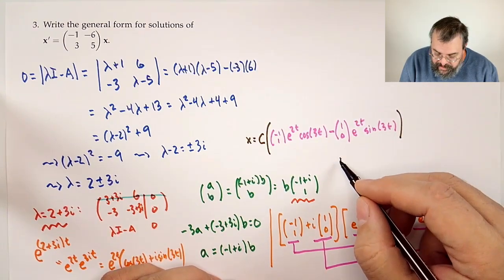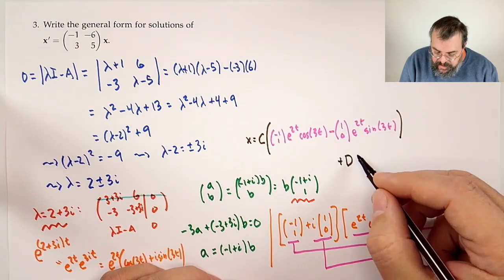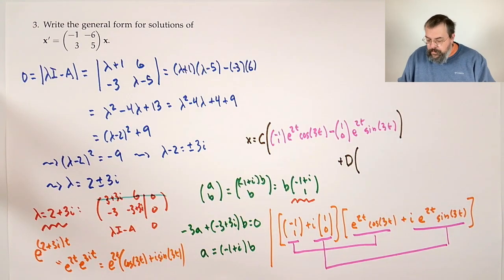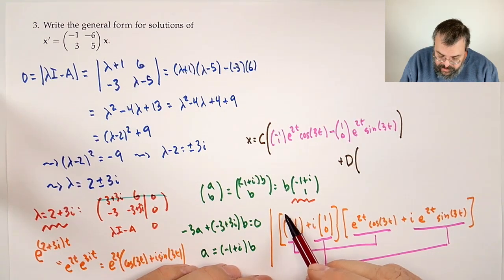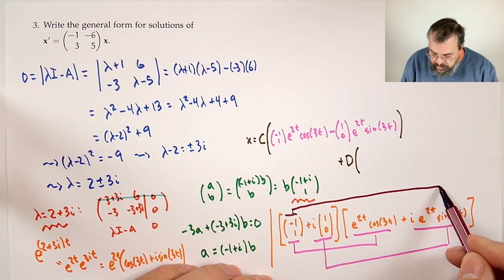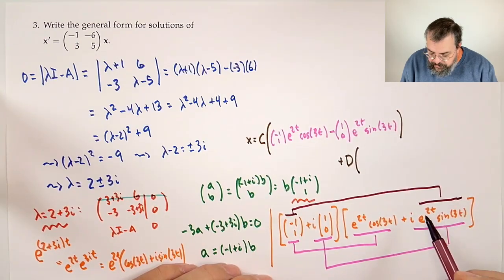And then we're going to add to that d times a very similar thing, but instead we're going to do the imaginary parts. So the imaginary parts would be, for example, the last pieces.